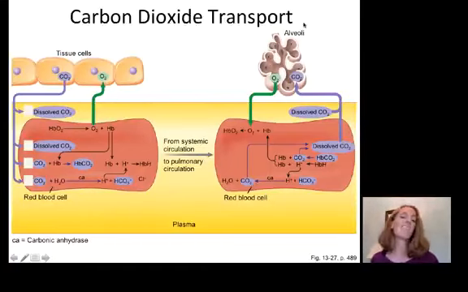So you can kind of think of bicarbonate as the carrier of carbon dioxide. So the carrier for oxygen is hemoglobin. The carrier for carbon dioxide is bicarbonate ion, and bicarbonate ion will be produced when carbon dioxide is high. Bicarbonate ion will release carbon dioxide when carbon dioxide is low, so that carbon dioxide can be removed.